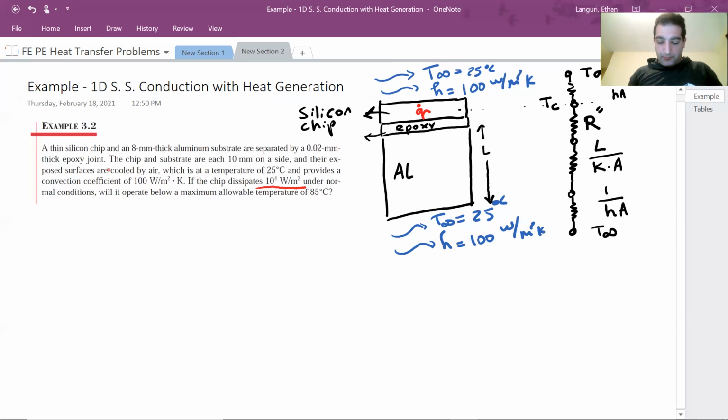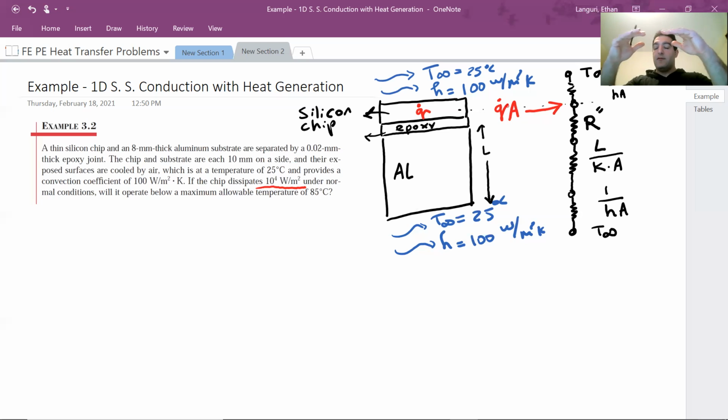I'm sorry. Let me erase this part. So heat is added here, which is Q dot times area. Because Q dot has a unit of watt per meter square, you multiply by that area to get the amount of Q in. By the way, you can drop all the A's because A's are constant for all of those.